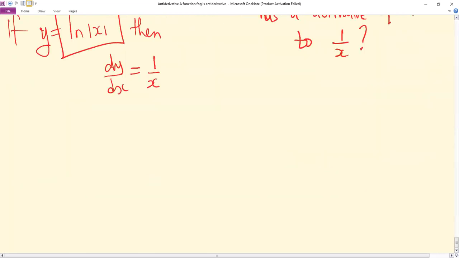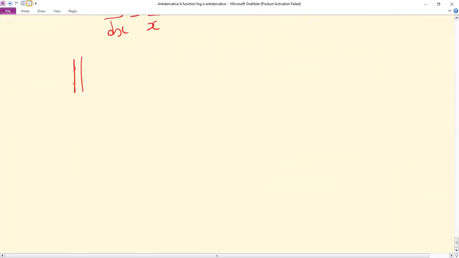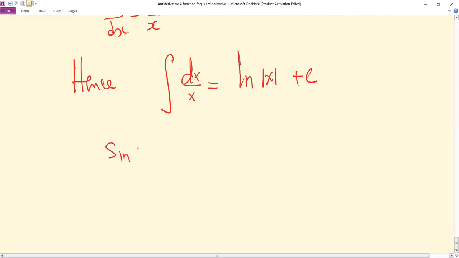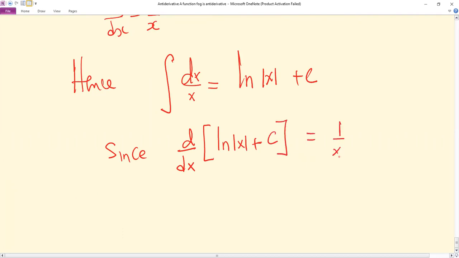So hence, the integral of dx over x is the same as ln of x plus c, since when you apply d dx to this function ln of x plus c, we get 1 over x.